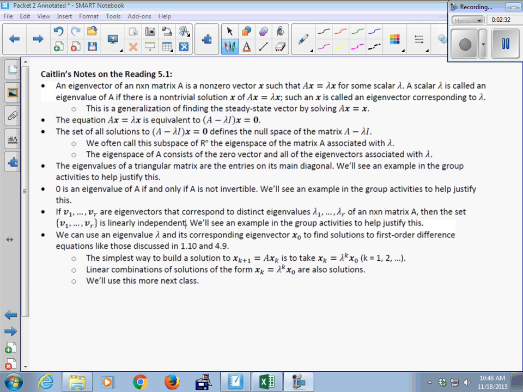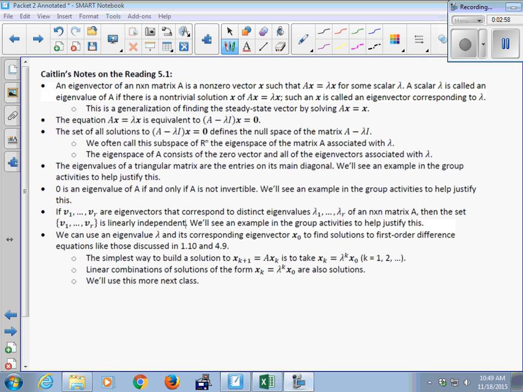Those entries, when you multiply them, you get the determinant. The lambdas are just scalars. I think you were confusing eigenvector and eigenvalue there.